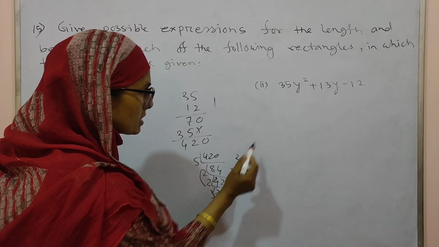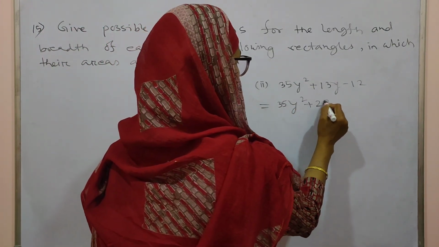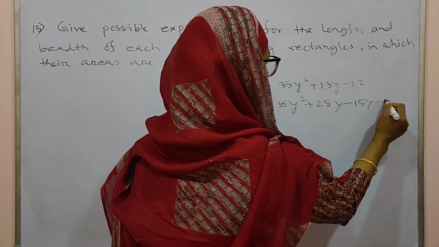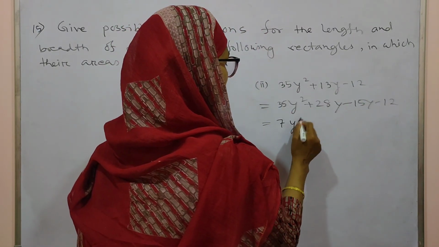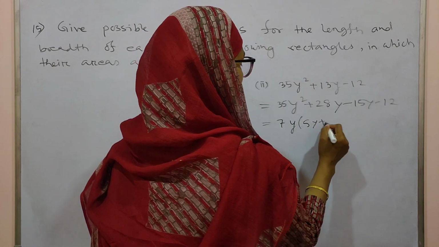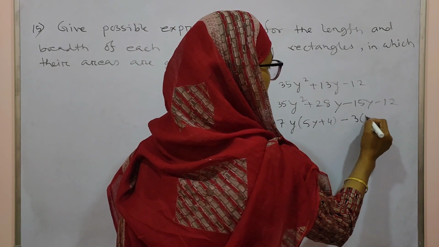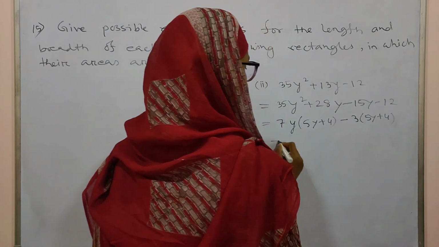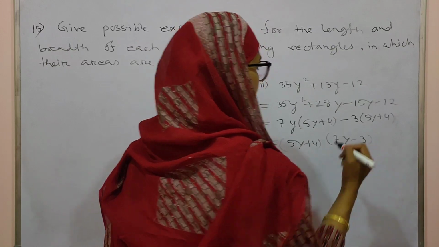If you subtract, you will get 13. So write down 35y square plus 28y minus 15y minus 12, or take 7y common, 5y plus 4, minus here 3 common, 5y plus 4. So 5y plus 4 into 7y minus 3.